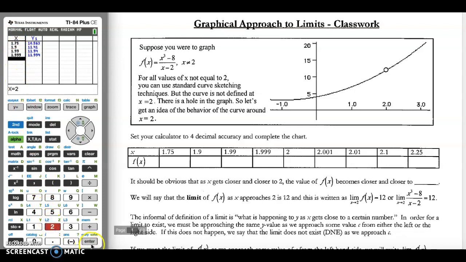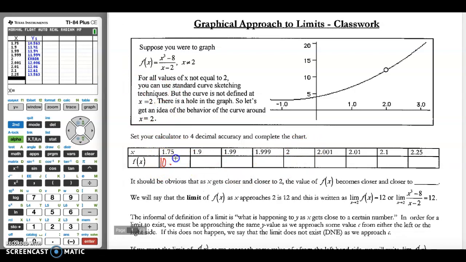I can also try 2 just on its own, and then 2.001, 2.01, 2.1, and 2.25. If you have a graphing calculator, this is a great way to try and determine what a limit is. And so then I can go ahead and fill out those numbers on my paper, so that way I can kind of see what pattern happens.